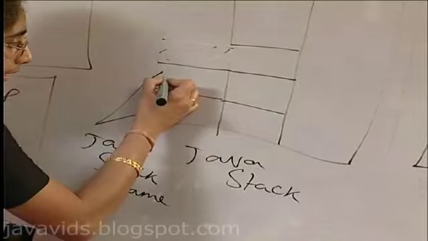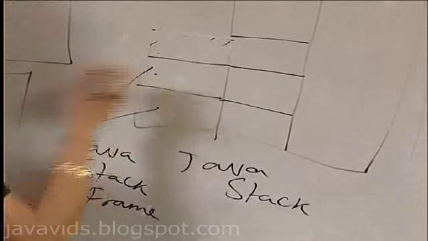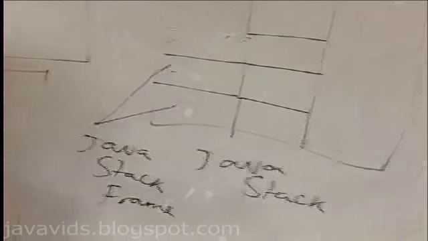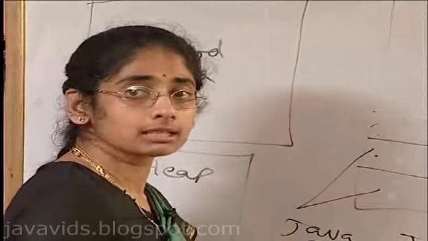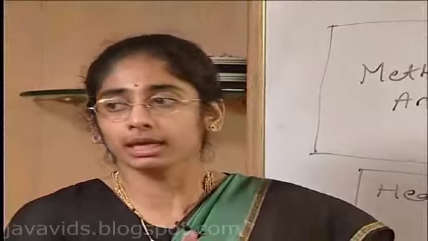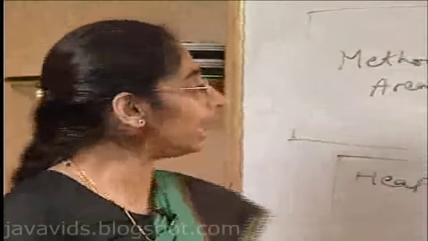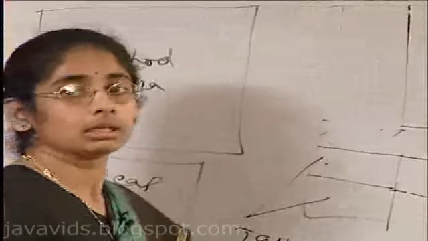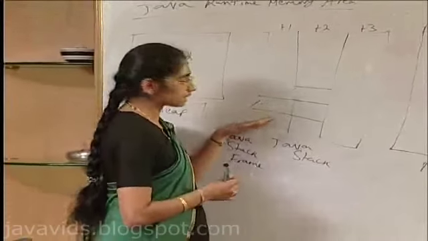I need to hold a pointer saying what is the next instruction I need to execute here. So the pointer to the next instruction to be executed is also held in that stack frame. So a stack frame consists of local variables, arguments, the next instruction to be executed once I return from the call, and also the status of the return type. All this is stored in a stack frame.